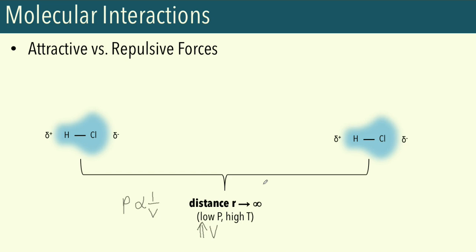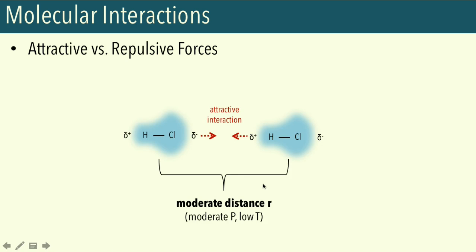So what happens, however, when we bring these two molecules a little bit closer to one another? Let's say that we have a moderate distance between these two molecules. This usually occurs at moderate pressures. At this point, we now have a small enough space between these two molecules so that they could have an attractive interaction.